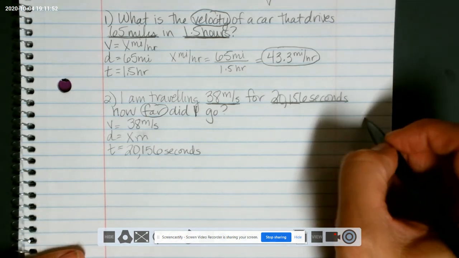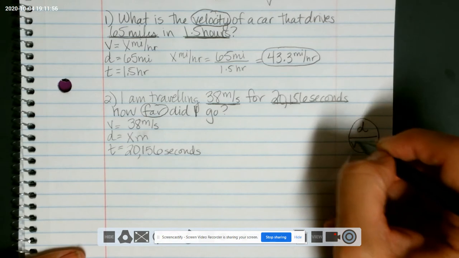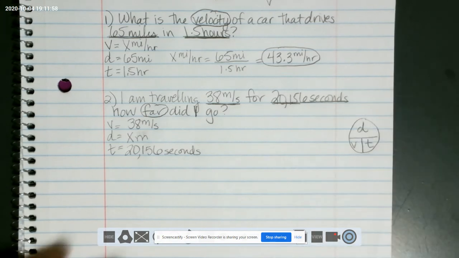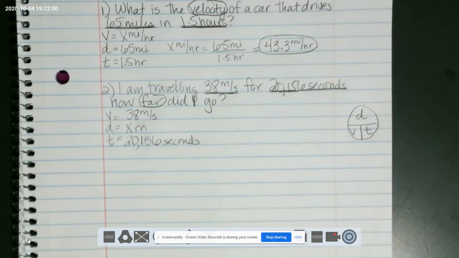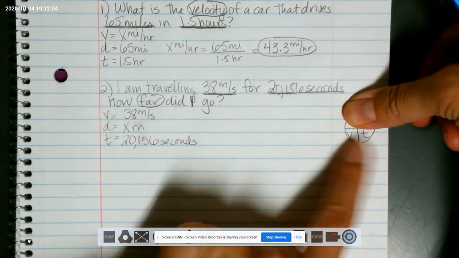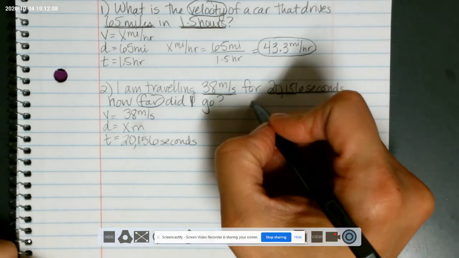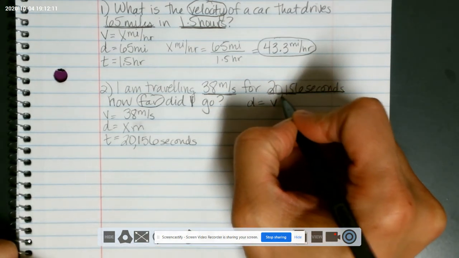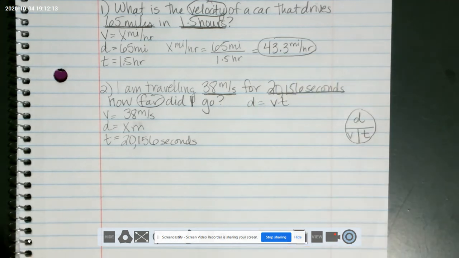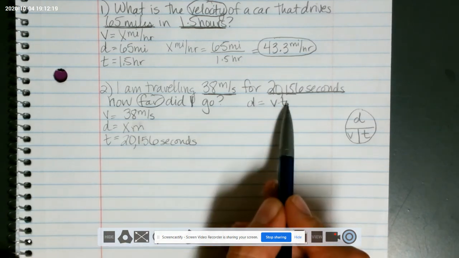So I'm just going to really quickly remind you of the circle so you can practice using it without me showing you the equations exactly. If I'm looking for D, I cover up D and I have V next to T. So they're going to be next to each other, which means they're multiplied. So it's going to be D equals V times T. So I'm going to plug all of this into this equation.